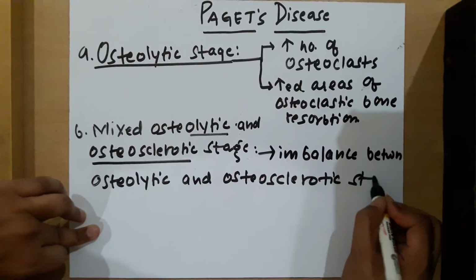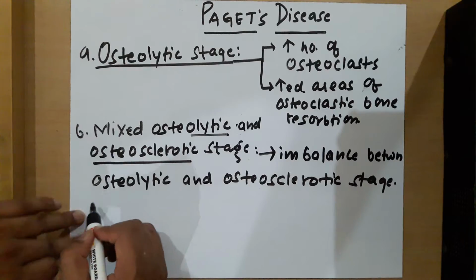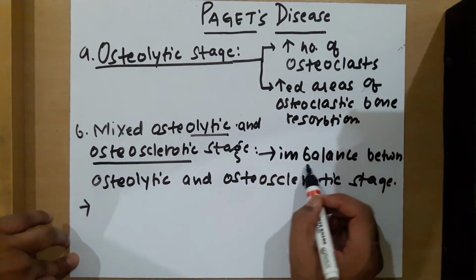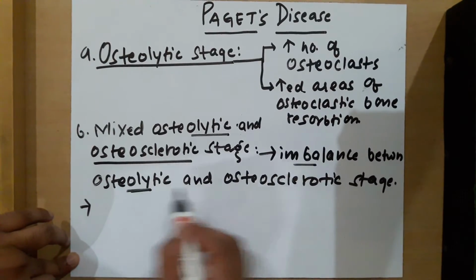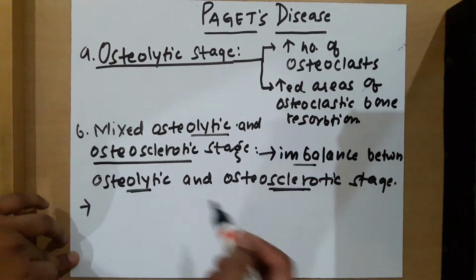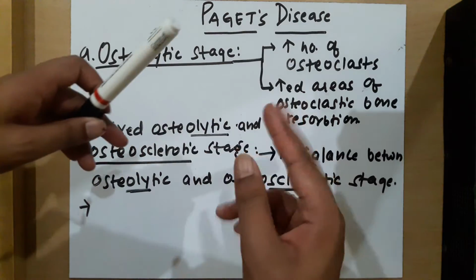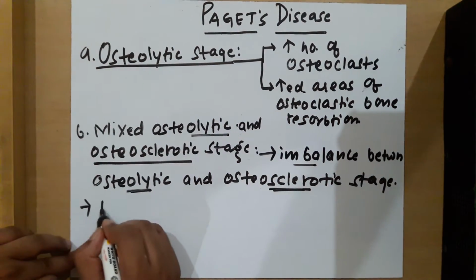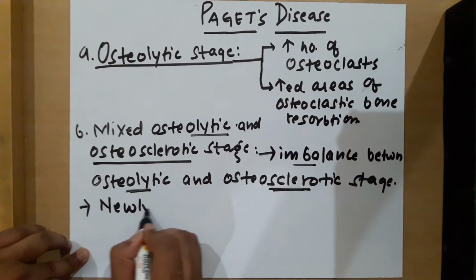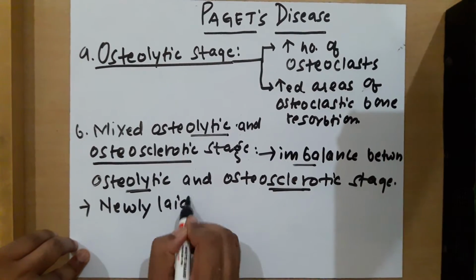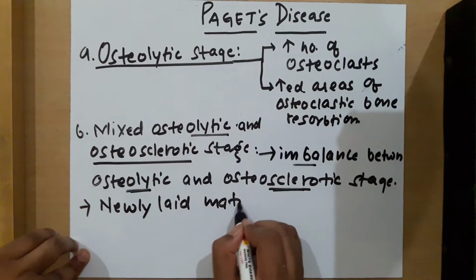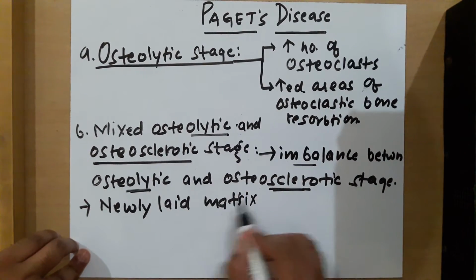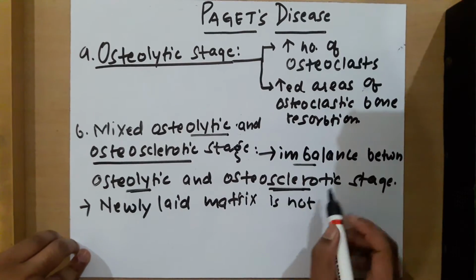Due to this imbalance between the osteolytic and osteosclerotic stage, we have two major consequences. The newly laid matrix is not calcified, not mineralized.